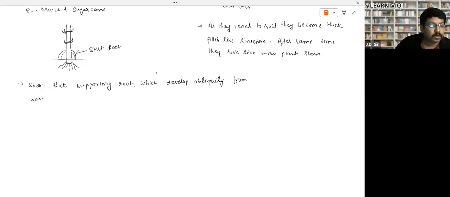What is the basal node? Basal node is basically this node, right? This node which is near to the base. This is called the basal node.